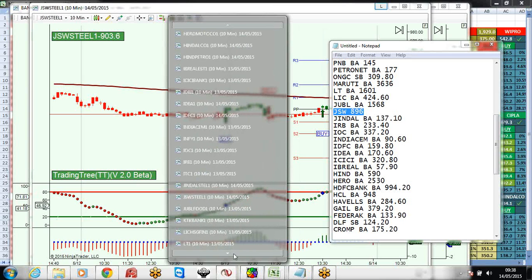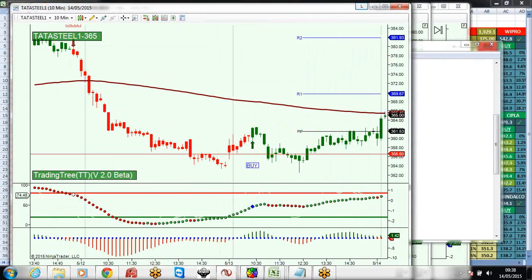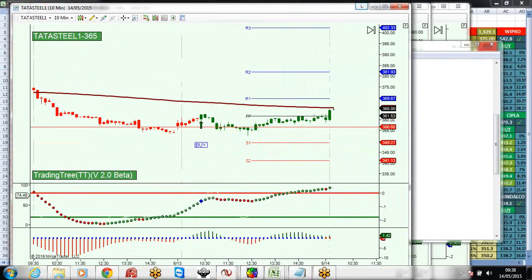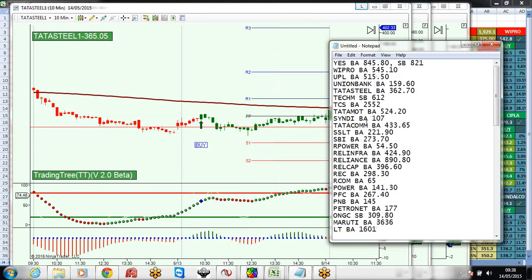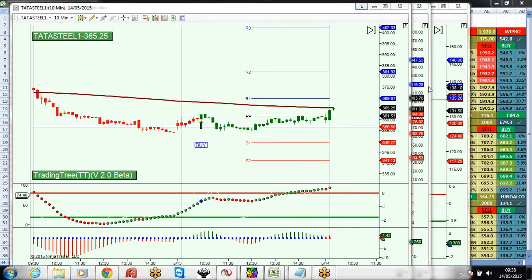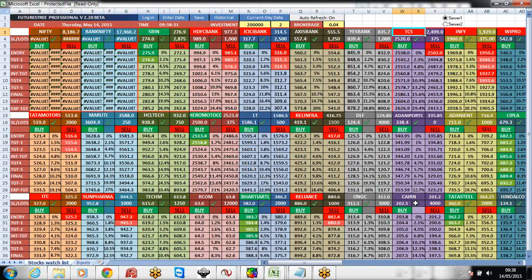Yesterday's buy call did not get triggered in Tata Steel. I think it will get triggered today. So that's what I was trying to tell you. You can see Tata Steel here. We have the price 362.70. Now it is at 365.05. So the metals are good today.